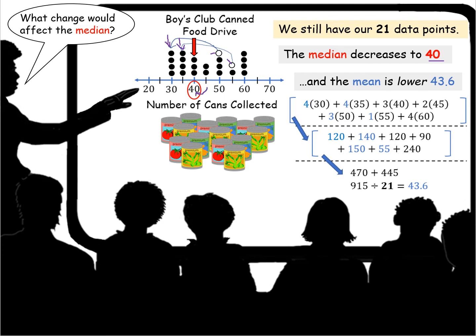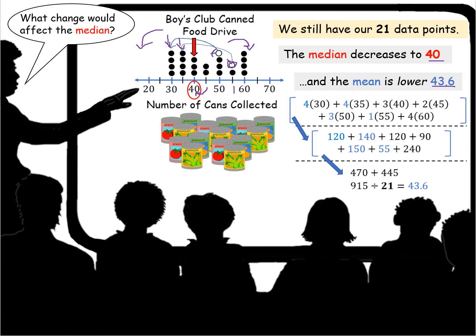And that makes sense because we have more data points now on this side than we have on this side. And the mean is also lower. Why is the mean lower? Well, that also makes sense because remember the value of this data point is 55.